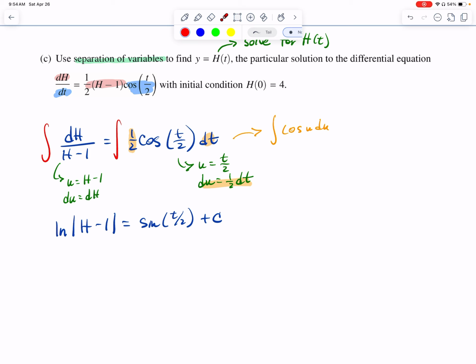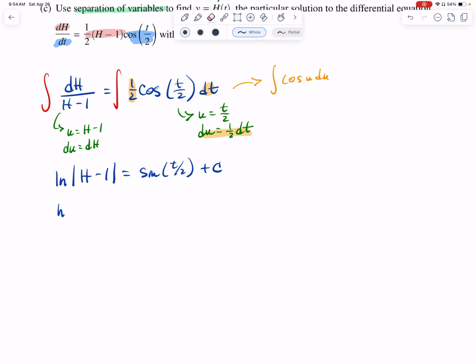After I've taken those antiderivatives, and this is in the least complicated form here, just go ahead and plug in your 0 for your t, and plug in your 4 for your h, and see what your c is. So I'm going to have the natural log, absolute value 4 minus 1. Remember, you don't get a calculator for this. Sine of 0 over 2, and then plus c.